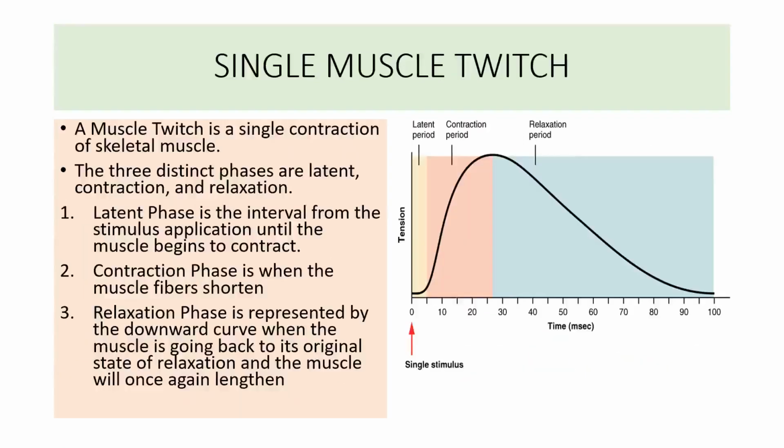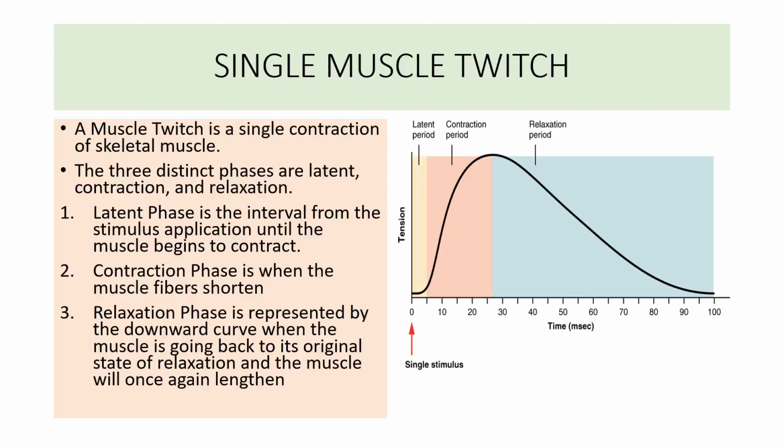The second important term is single muscle twitch. A single muscle twitch is a single contraction of skeletal muscle. There are three distinct phases in the single muscle twitch: the latent phase, the contraction phase and the relaxation phase. The latent phase is the interval a muscle takes before the contraction, that is, it prepares itself for the contraction.